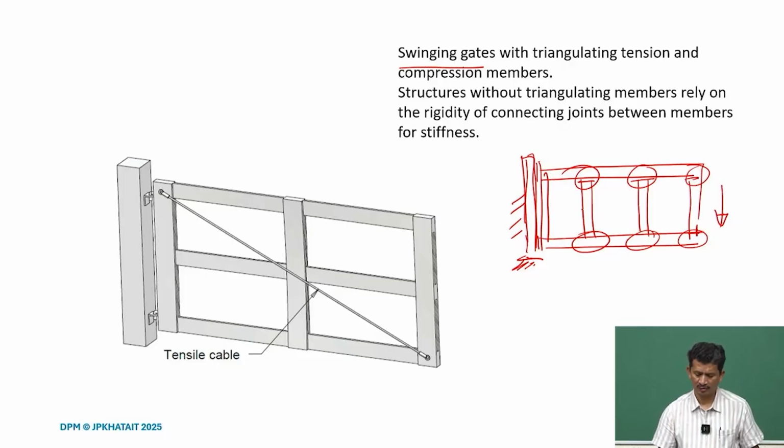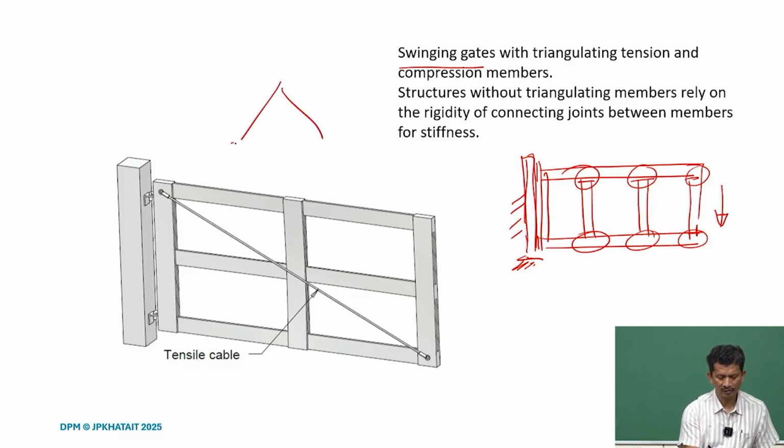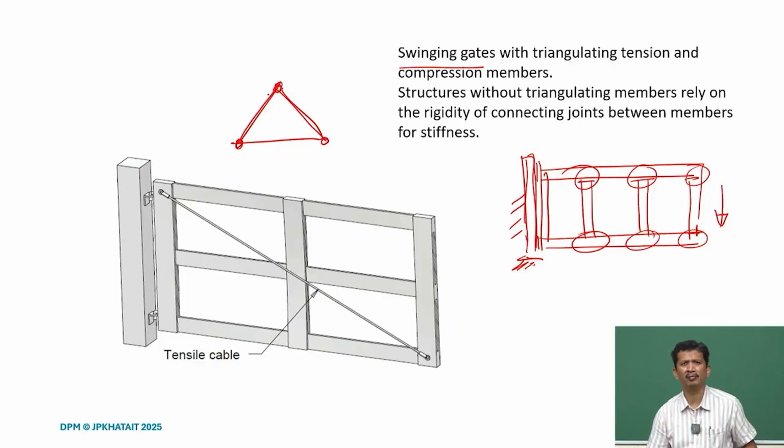So, what to do? What you see here is a parallel structure. And we know that if we triangulate, if we take three members and simply connect them through pins, we don't have to weld them, we don't have to make them rigid.